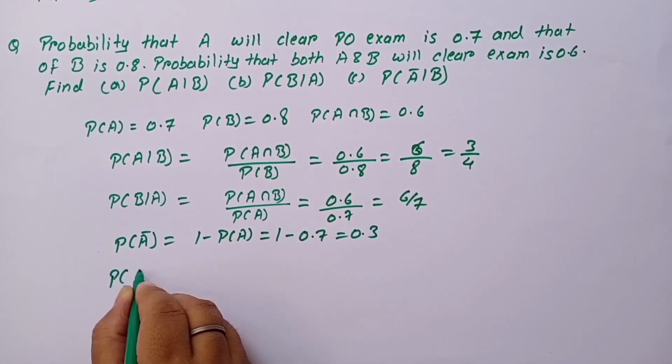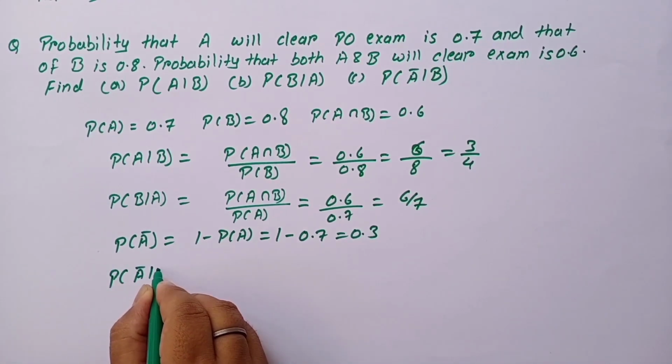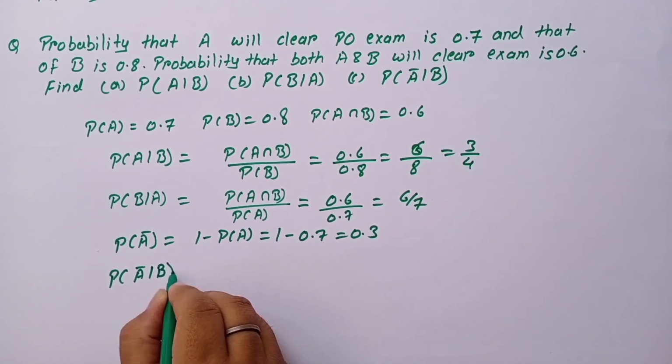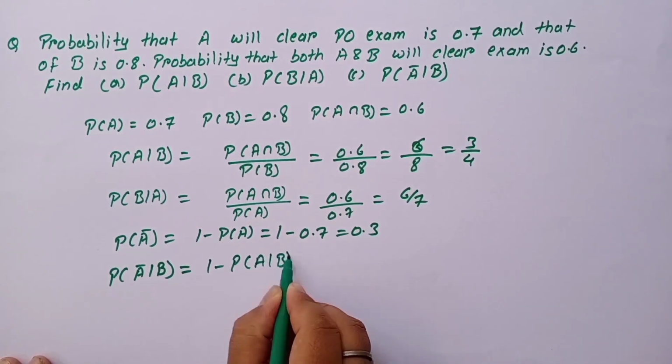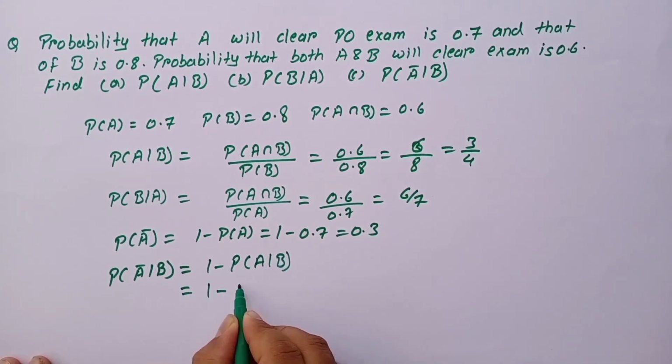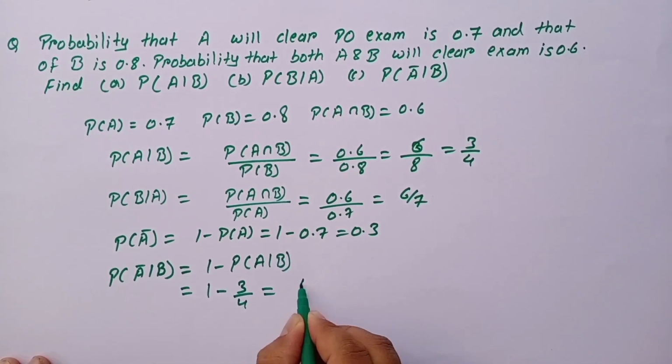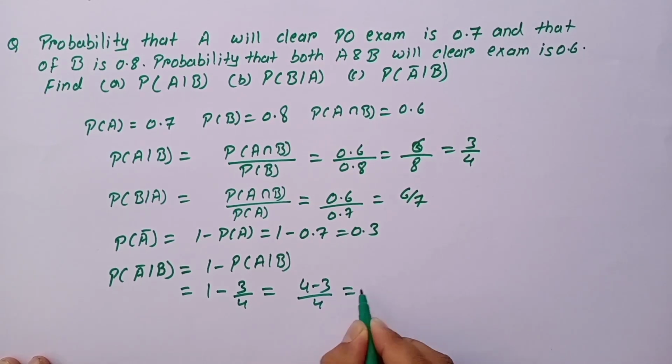Therefore, the probability of A complement under B is 1 minus the probability of A under B, that is 1 minus 3 by 4, 4 minus 3 by 4, that is 1 by 4.